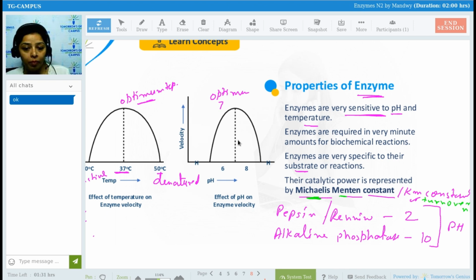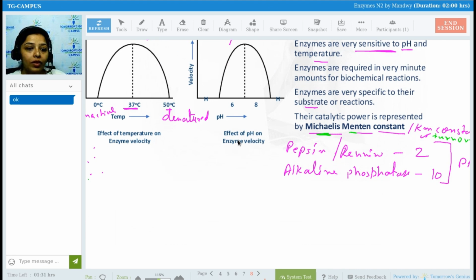So this Michaelis-Menten constant, how will you define it? The number of substrate molecules converted into product per unit time by one molecule of enzyme. Are you getting me? Yes, ma'am.